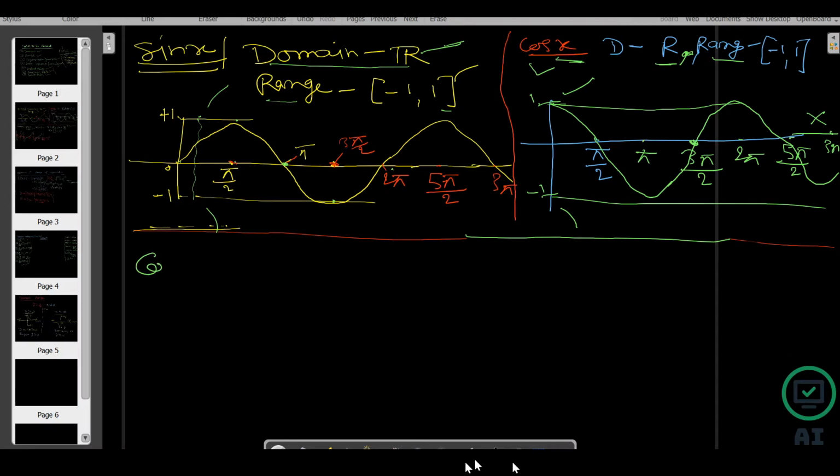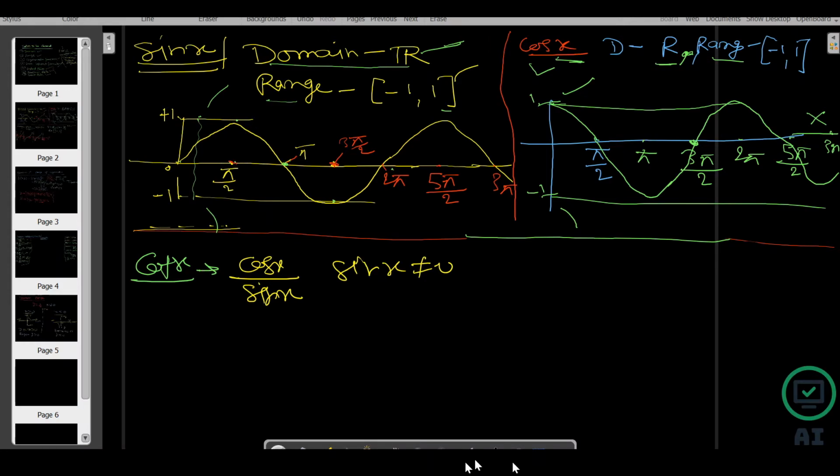Now see the cot x. What is the domain and range of this? For this cot x, the formula is cos x and sin x. That means this cot x function will be defined when sin x is not equal to 0. If it is 0, then cot x will not be defined. So wherever the sin x is taking 0, this function will not be defined.